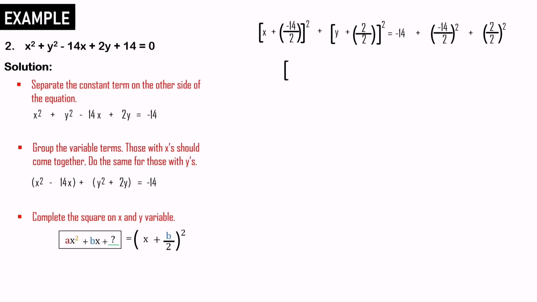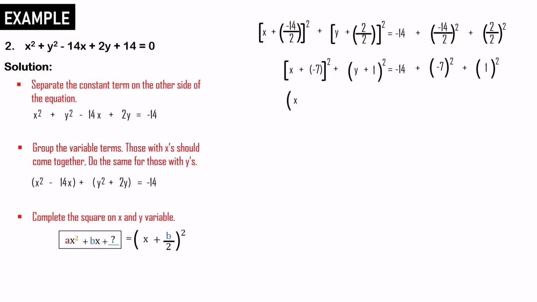So we have x plus negative 14 over 2, which is negative 7, squared, plus y, 2 divided by 2 is just 1. So y plus 1 squared equals negative 14 plus negative 14 over 2, negative 7 squared, plus 2 over 2, which is 1 squared.